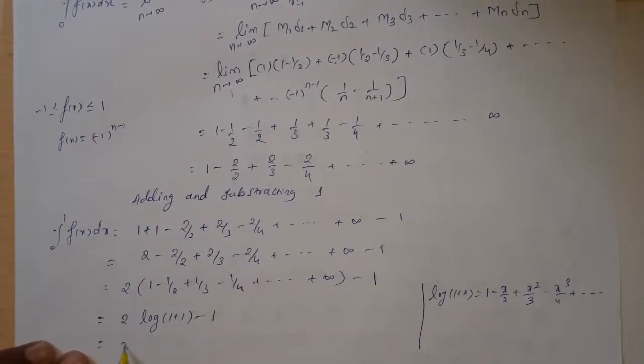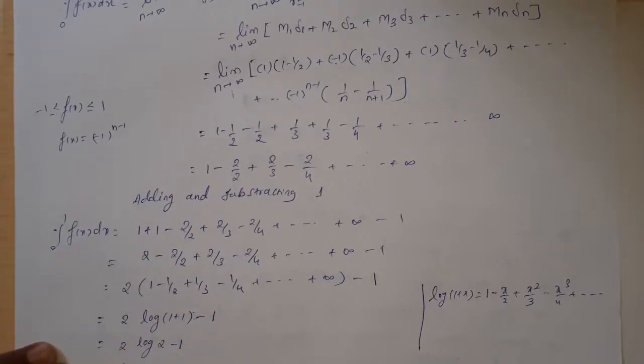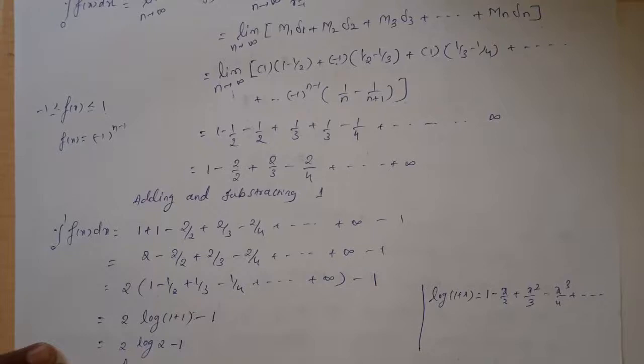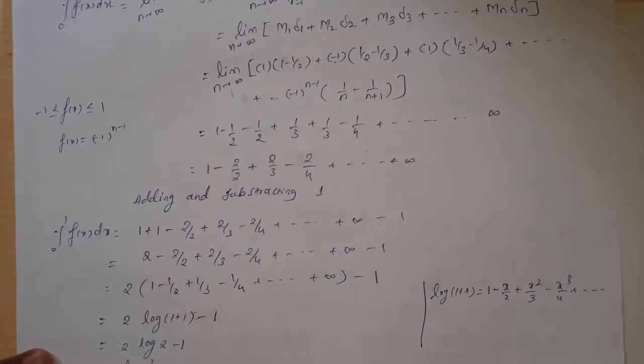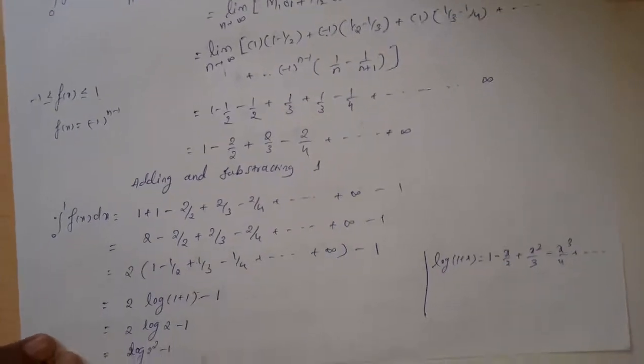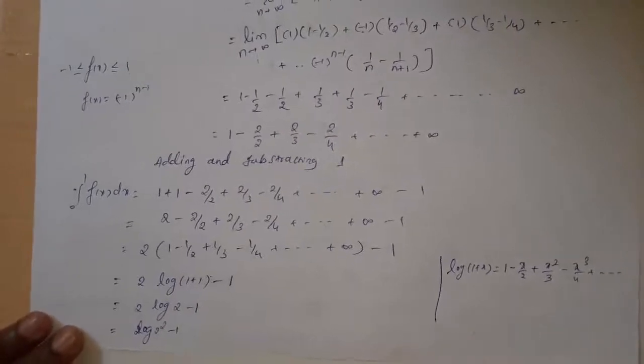So it is equal to 2 log 2 minus 1, that is log 2 square minus 1, by using the properties of logarithm, that is m log n is equal to log n power m. So that is log 2 square minus 1.